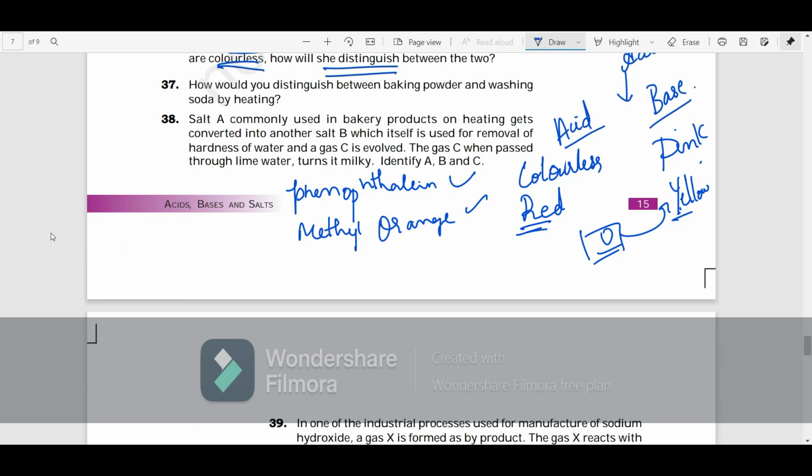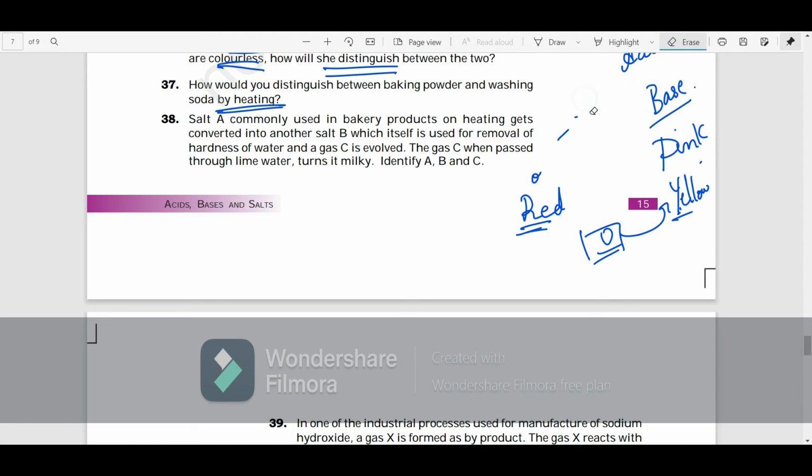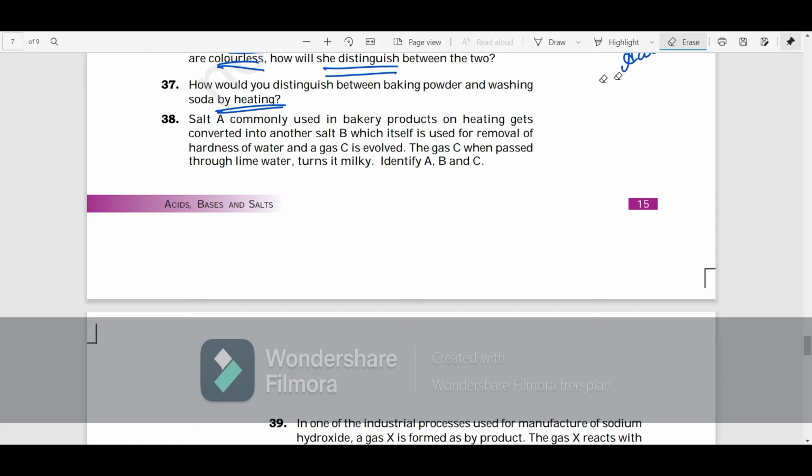Next, 37. How would you distinguish between baking powder and washing soda by heating? When you make cakes with baking powder and heat it, bubbles are formed; small air gaps are formed in the cake because of CO2.